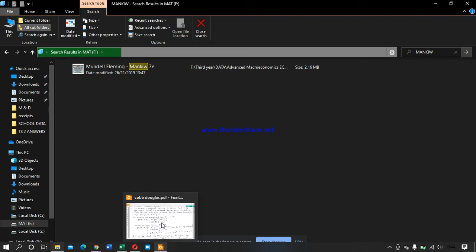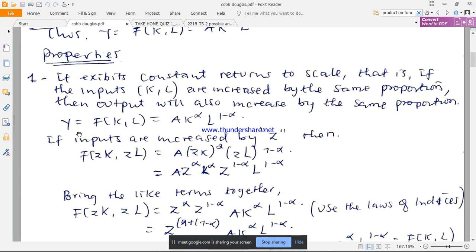So as we're waiting for it to load, we are saying that if you increase inputs by an amount Z, then output must also increase by an amount Z. Then we say that this production function exhibits constant returns to scale.